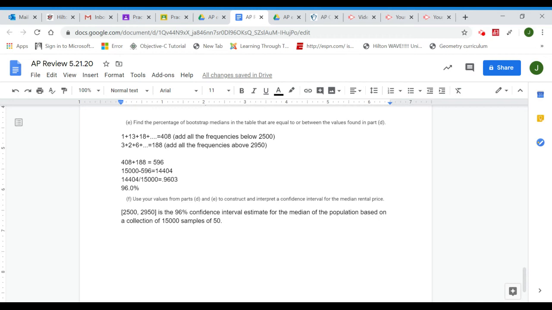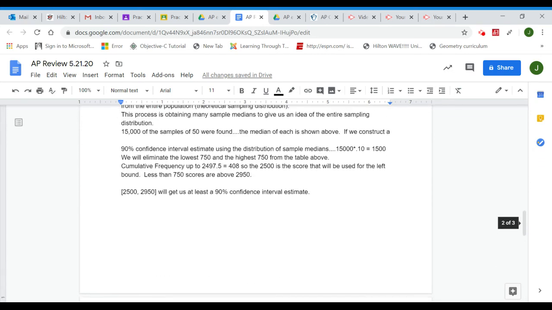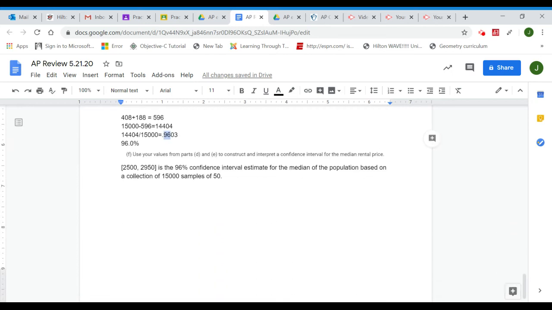So when you include the 2,500 and the 2,950, as well as everything in between, it'll be 96% of the data. So we did know that at least 90% of the data was in this interval. And we found out afterwards that 96% of the sample medians were between these two values. So now we construct that confidence interval.